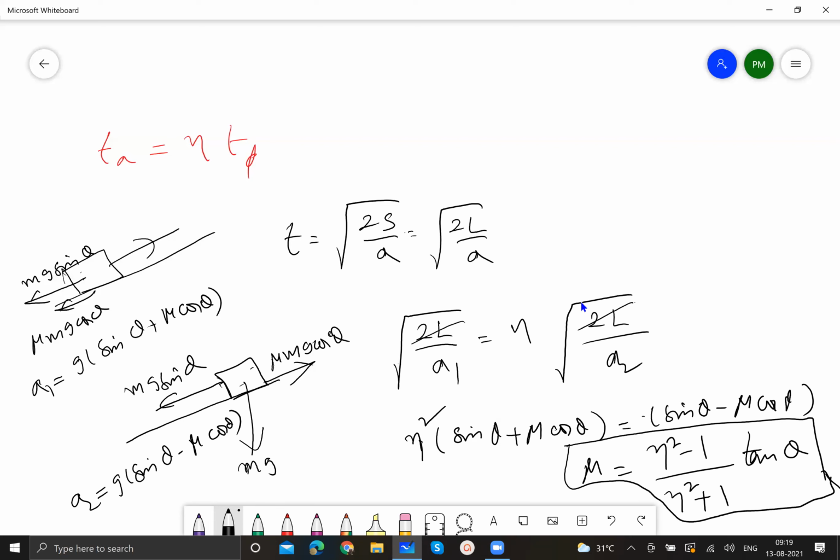So tan 53 degrees, tan 53, 4 by 3. So it is 4 by 5, means the coefficient is 0.8.